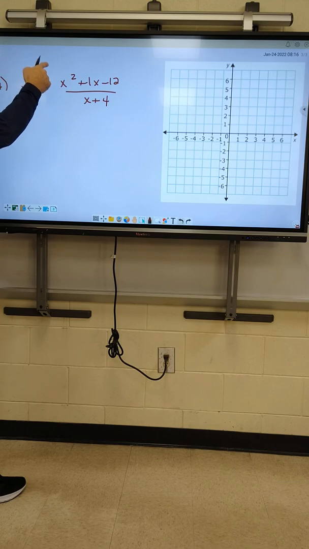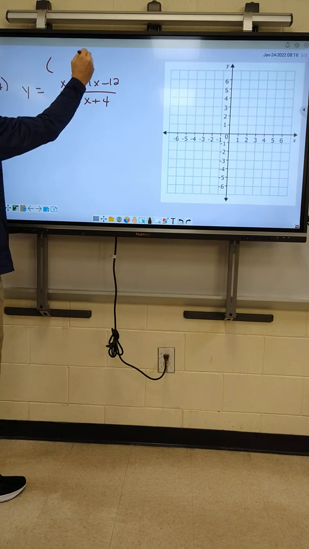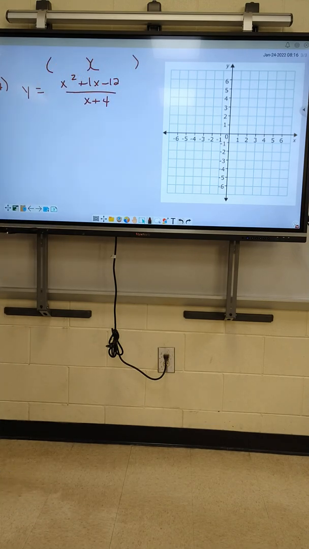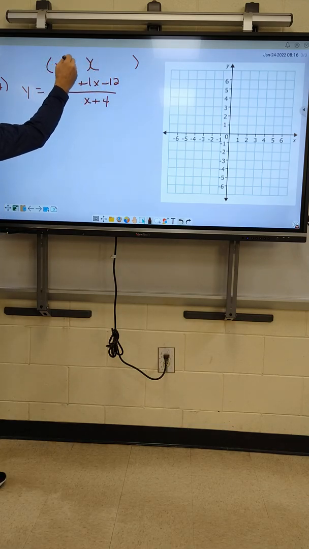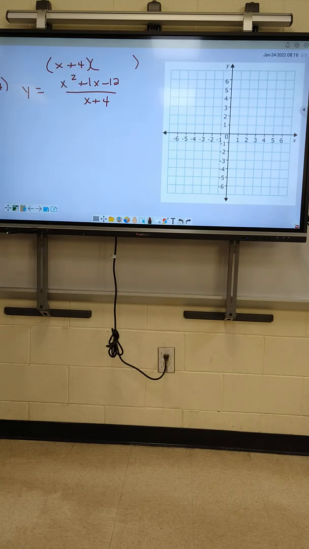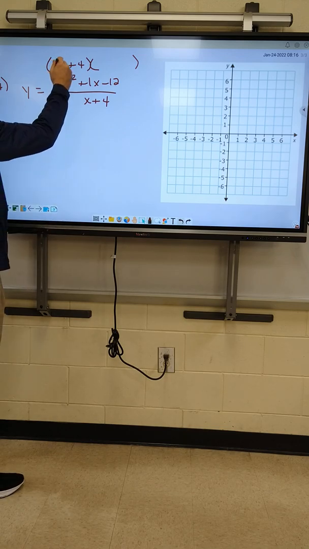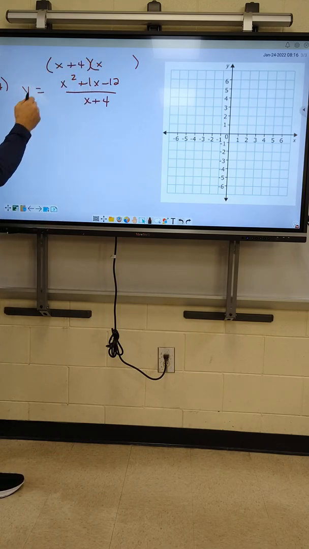If you have an x squared, Troy, on the top, make sure we factor that out, okay? Now, inside one of these parentheses is going to match the bottom, so you can go ahead and put x plus 4 in one of them. You got to figure out what goes in the other one. Well, I know x times x gives me x squared, so I know the first spot there has to be an x.